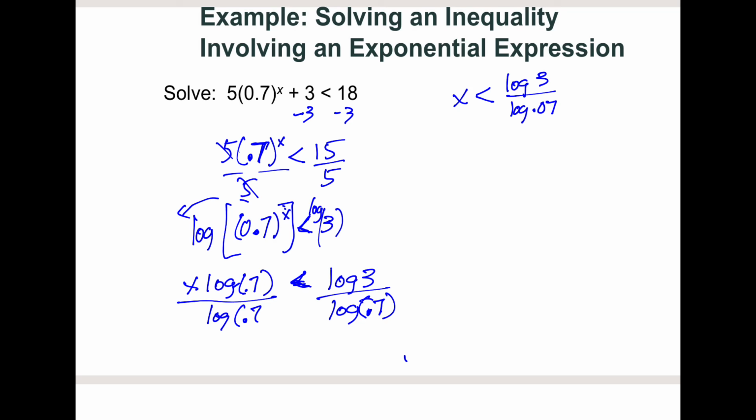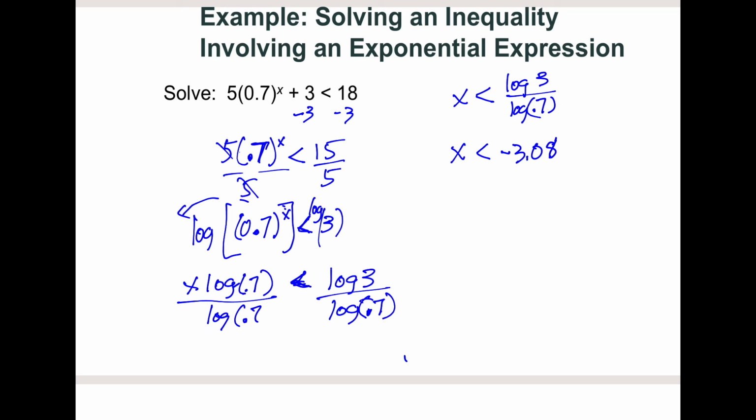So at any rate, let's go ahead and get the approximate value here. Log base 10 of 3 divided by log of 0.7, and we get negative 3.08 as my final answer there.